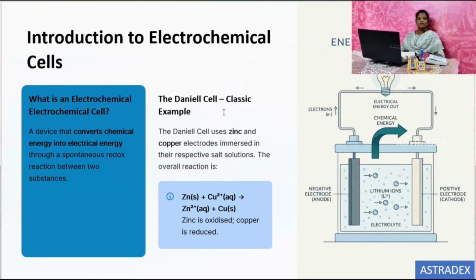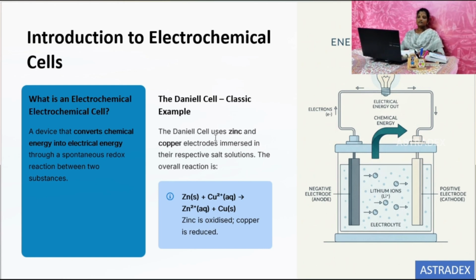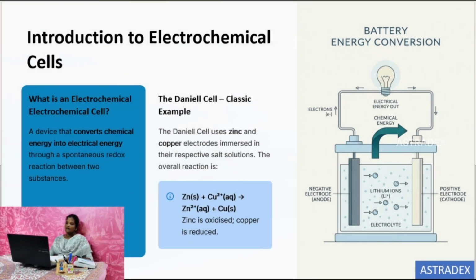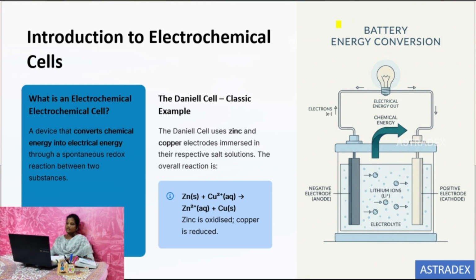We have a number of cells, each with two half cells. But here in the Daniell cell we have zinc and copper as electrodes. On the right side you can see another example given as a battery energy conversion example, the lithium ion battery.